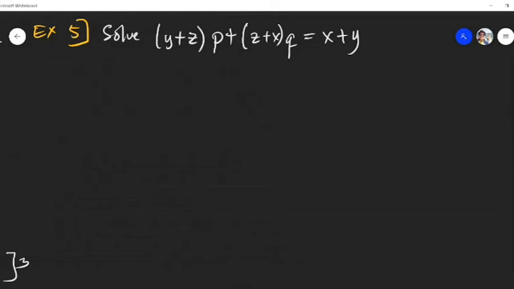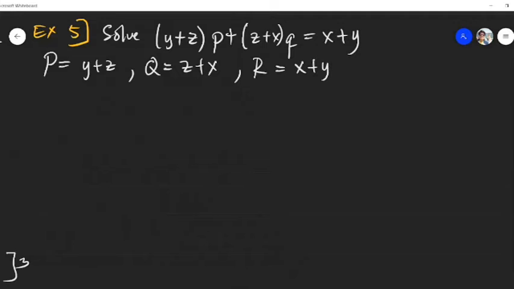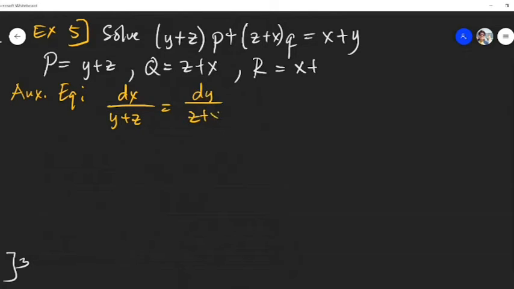So we are going to look for p, that is just y plus z. Q is equal to z plus x. R is the whole right side, x plus y. So the auxiliary equation is dx over y plus z is equal to dy over z plus x is equal to dz over x plus y.